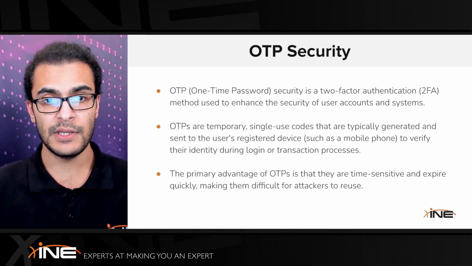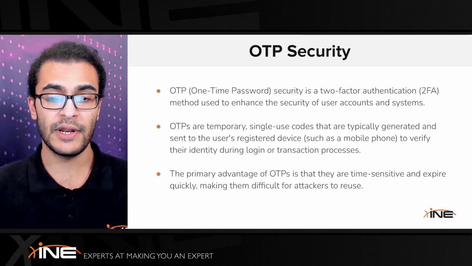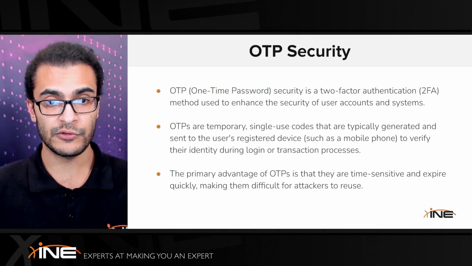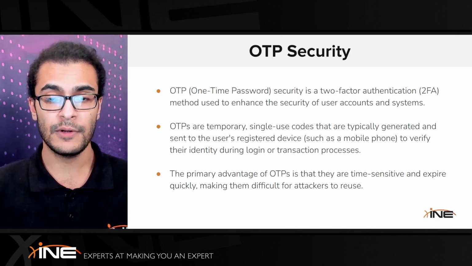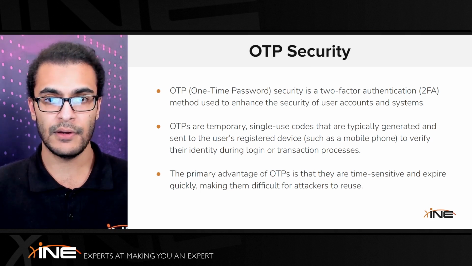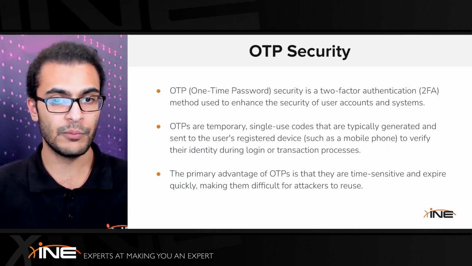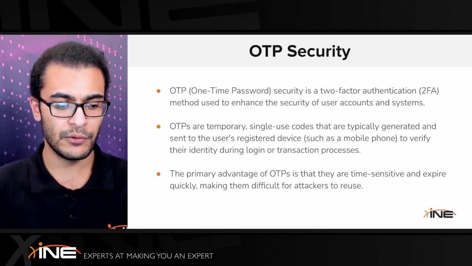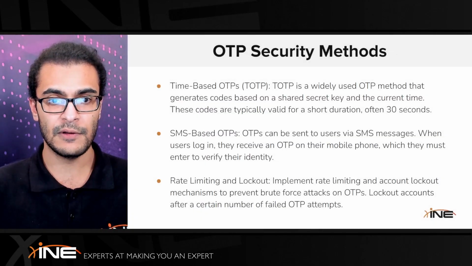And if the OTP generation process is not unique for every OTP code and has a sequence behind it, it can be very easy to brute force an OTP code. And more importantly, if the validity period of the OTP code is more than 30 seconds, it opens it up to potential attack. And that's what we'll be looking to explore in this particular video.